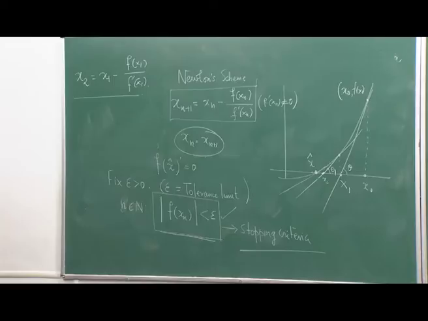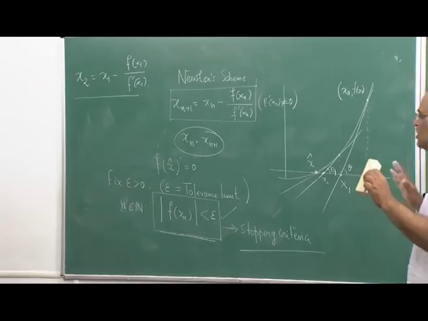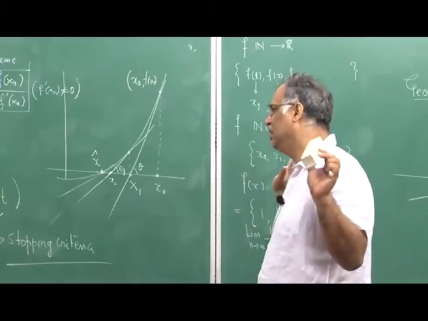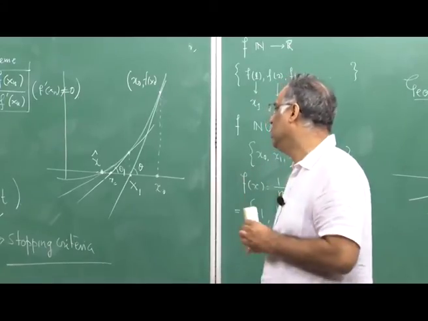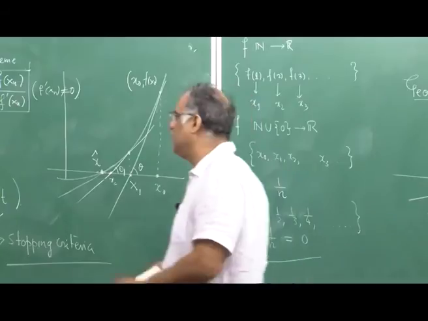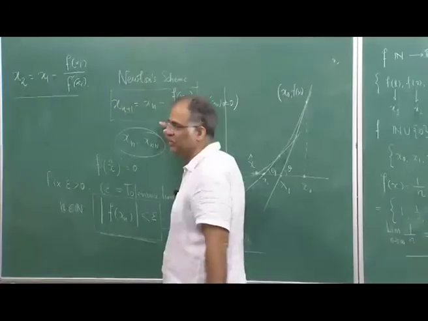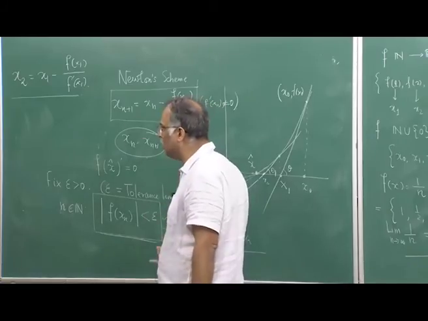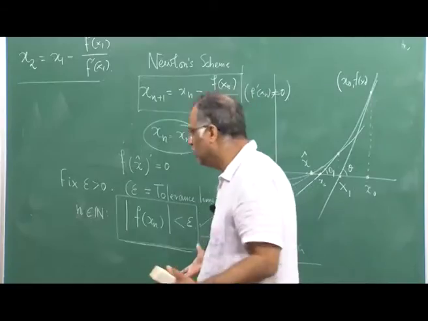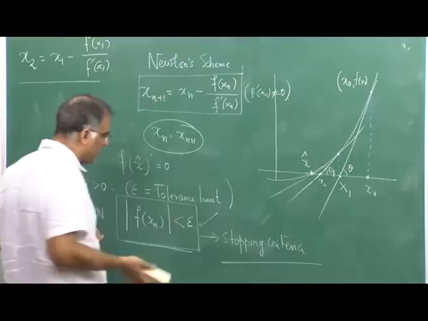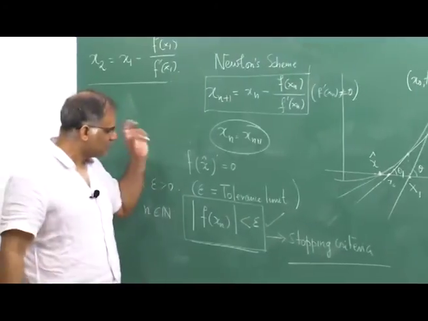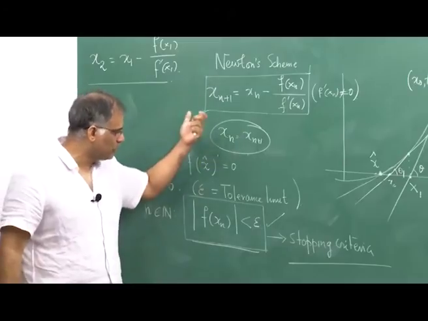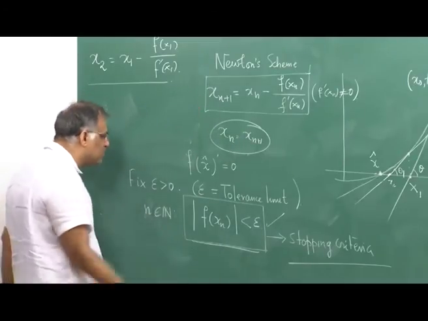So what I would do, I would stop somewhere and take a rational approximation as my happy solution, because at every step I am getting some xn plus 1 which I represent through a decimal, and I will be happy to just have a rational approximation of the actual solution. So that would suffice for me.